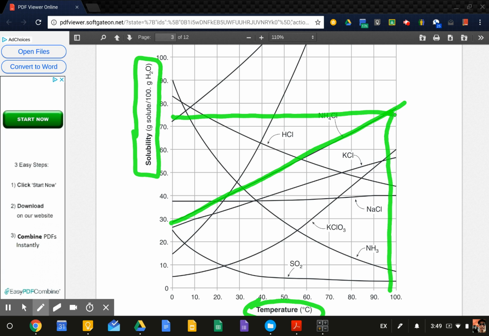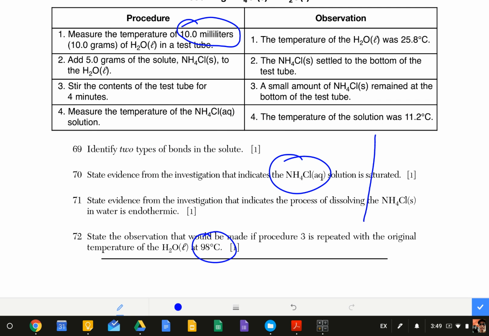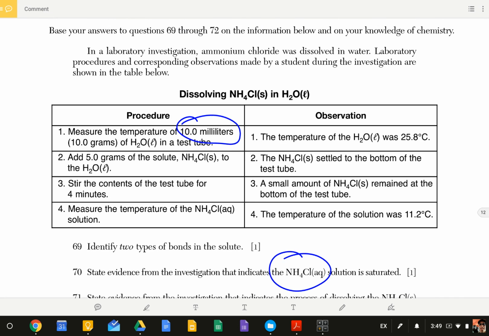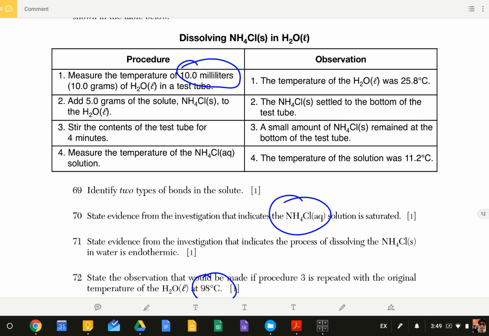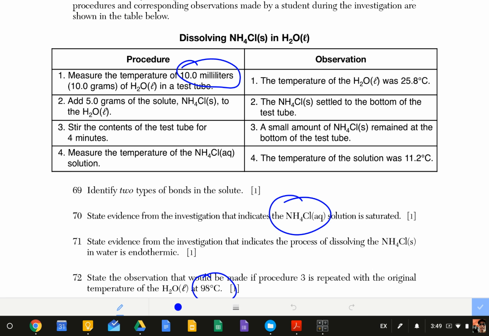Grams of ammonium chloride in 100 grams of water, as opposed to, I believe in the question, well, they didn't say that they had 100 grams of water. But regardless, it looks like the water that the ammonium chloride was dissolved in was at 25.8 degrees Celsius. So that's a bit colder than 98 degrees.